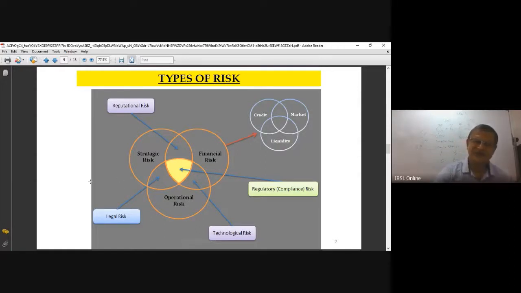We move on to the circle on the left, which is strategic risk. If you remember my third slide, identifying risk, we said we do business. Business is done based on various strategies.